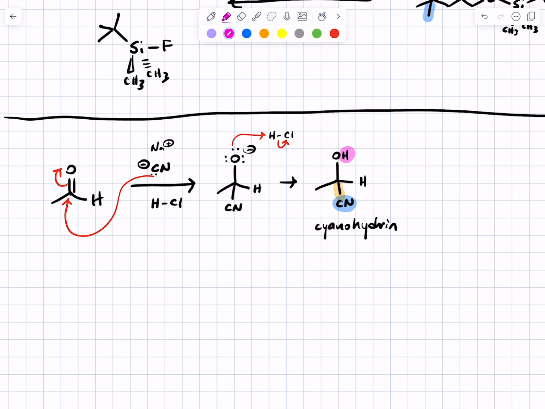Why does the CN not just take the hydrogen from the HCl? Right, this is something your text never answers. Why doesn't the CN just take the hydrogen from the HCl and then cause problems?